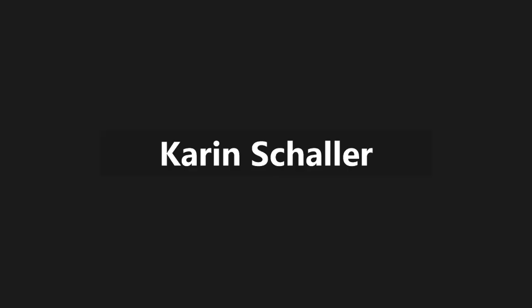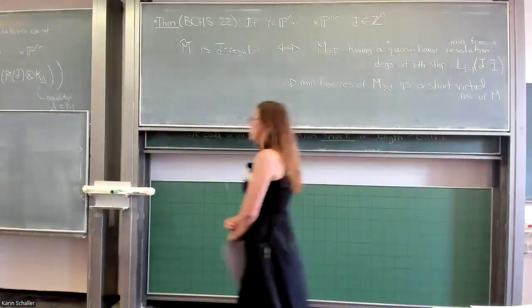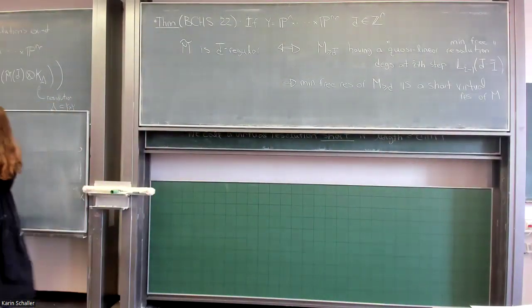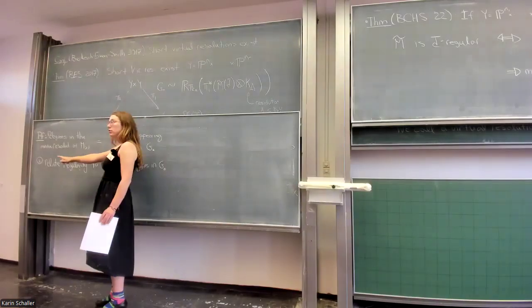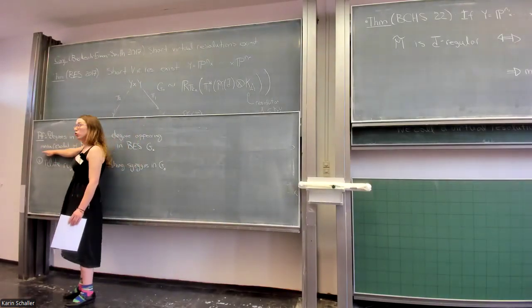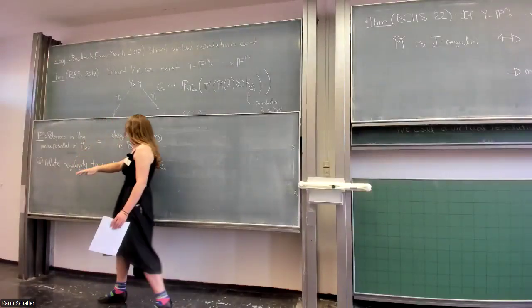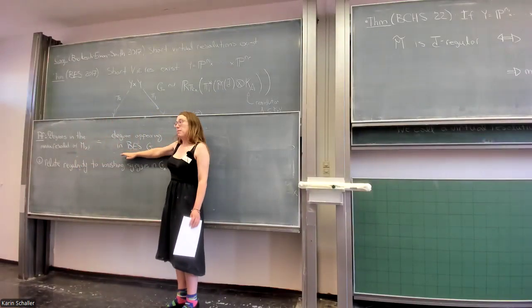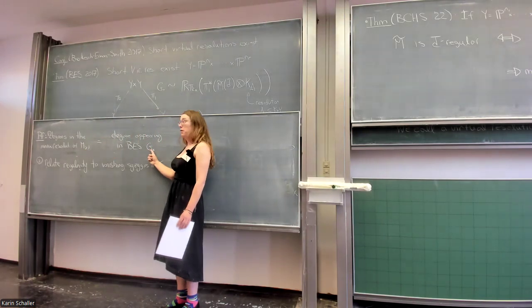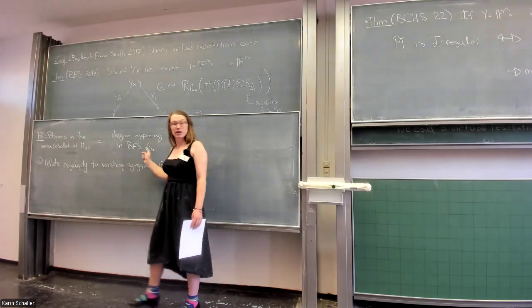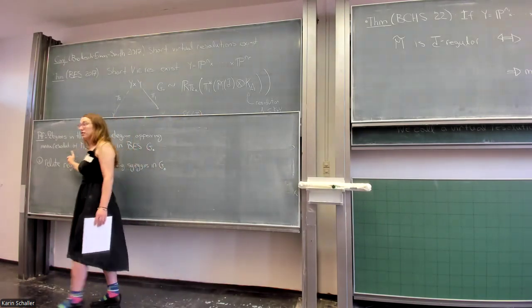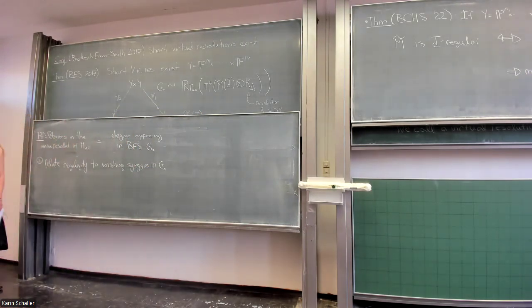But you're now presented with an interesting thing. I now have 2 types of resolutions: a minimal graded free resolution of the truncation of M, and a virtual resolution of M. This one, a priori, might have homology. This one doesn't. They have the same Betti numbers.